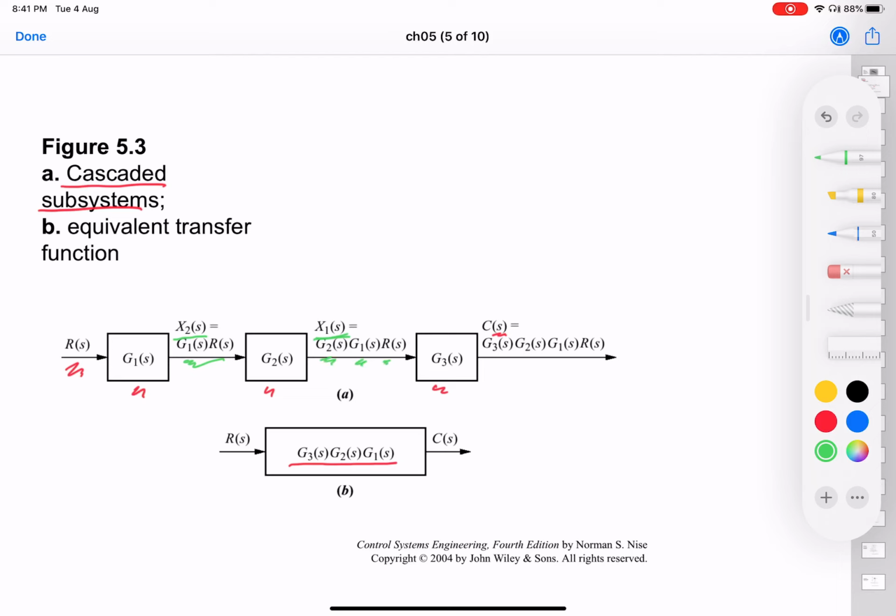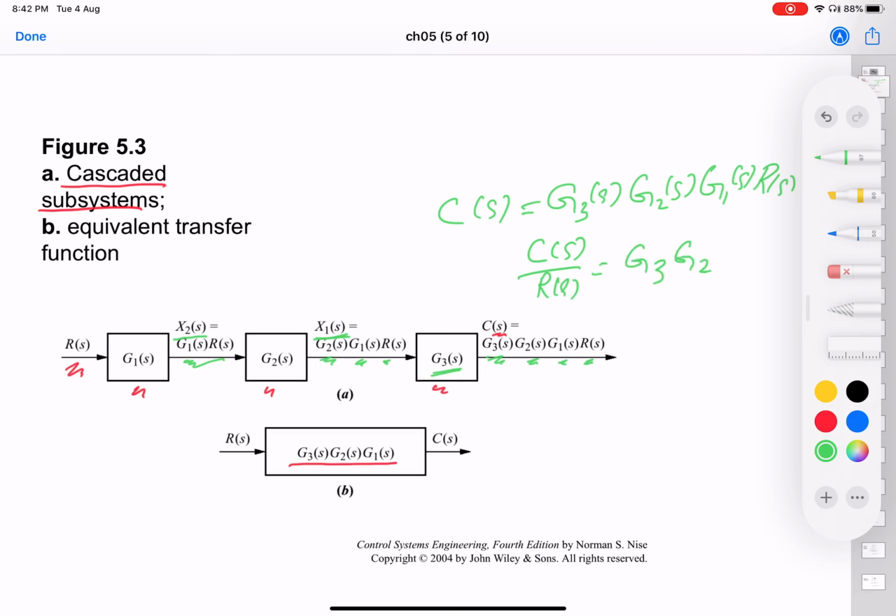Then again, this is getting multiplied with G3(s), so C(s) is going to be G3(s) G2(s) G1(s) into R(s). If you want to represent this as a single block, you can write C(s) by R(s) as G3 G2 G1, which you have done here.